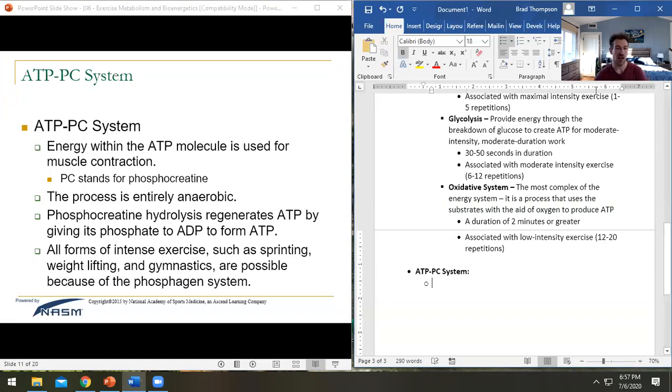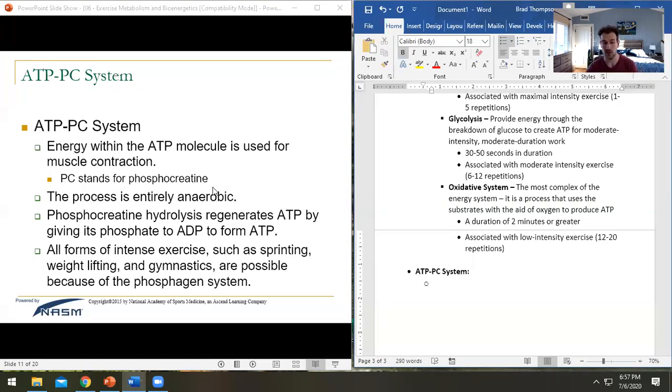All right. The energy within the ATP molecule is going to be used. And this is also a very anaerobic system, by the way. This is also taking place in a non-oxygen environment. So what happens is phosphocreatine hydrolysis, right? So again, hydrolysis coming in to break it up, regenerates ATP by giving its phosphate to ADP to resynthesize ATP, right?